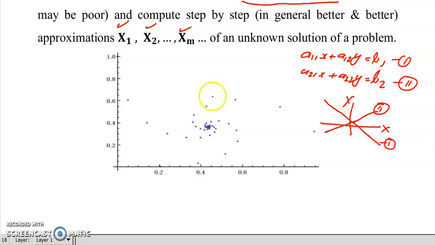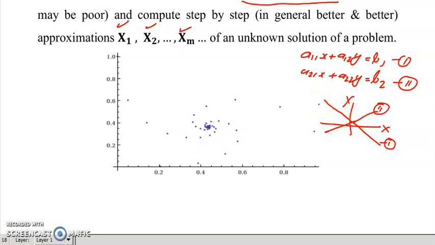Similarly guys, that is the direct method, but in this lecture we are going to discuss the iterative method, meaning the indirect method. In the indirect method we are not able to get this intersection point directly. In this method we have to use the initial approximation.